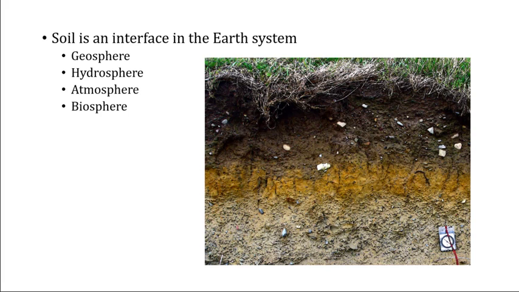Soil is where the geosphere, which would be the rocky parts of our planet, and the hydrosphere, which are the watery parts of our planet, the atmosphere, which is the gassy parts, and then the biosphere, which is that part of our planet that is life, all meet.